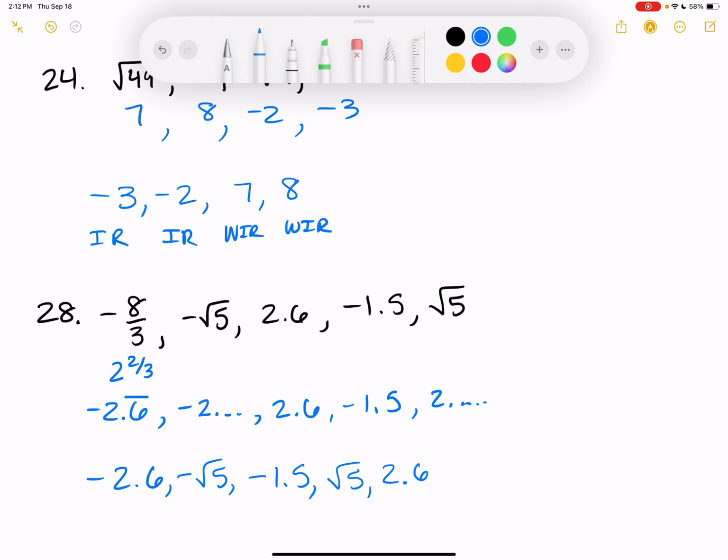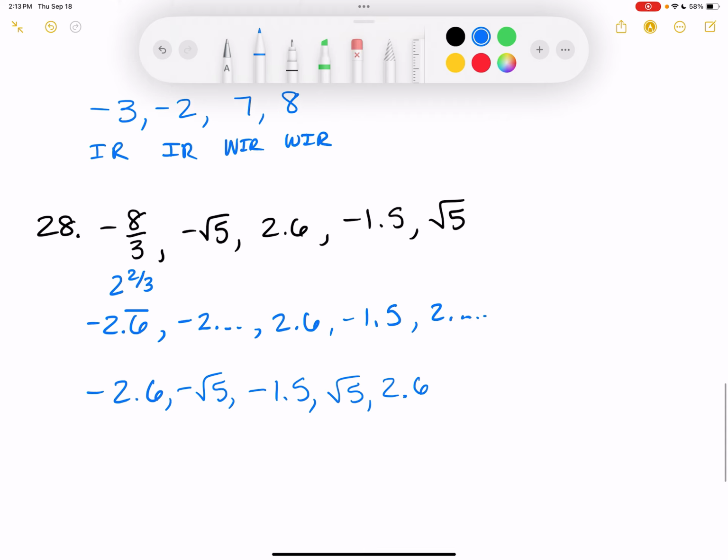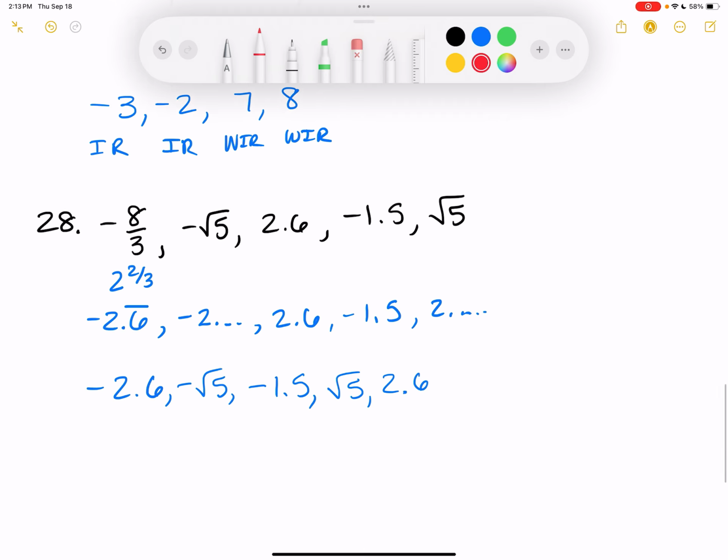All right, so I need to classify my numbers. So repeating numbers are rational, right? Or wait, this is just 2.6. Yeah, this is rational, right? Next one. What did I say the square root of non-perfect squares is? Irrational. So this is going to be an I with a little r.